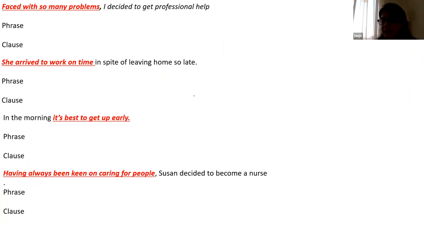The part marked in red, you have to identify whether it is a phrase or a clause: faced with so many problems. Let's see what the right answer is. The right answer is it's a phrase.